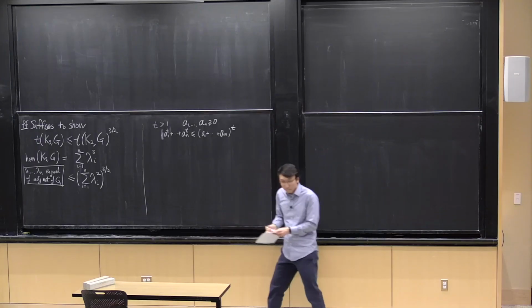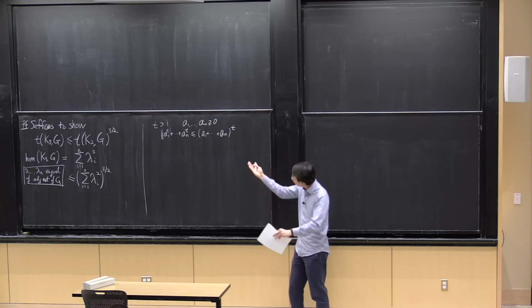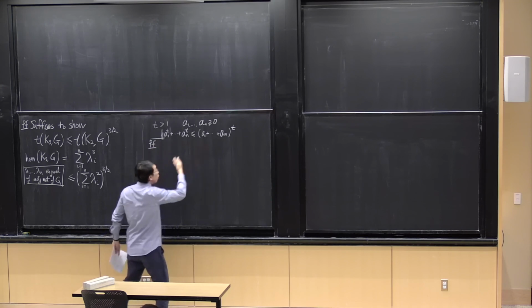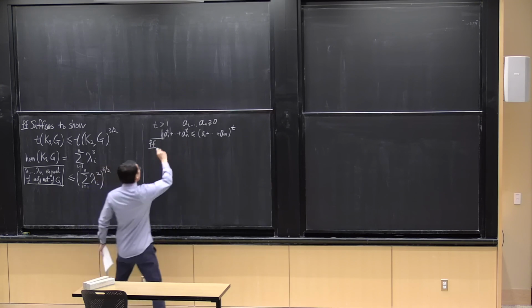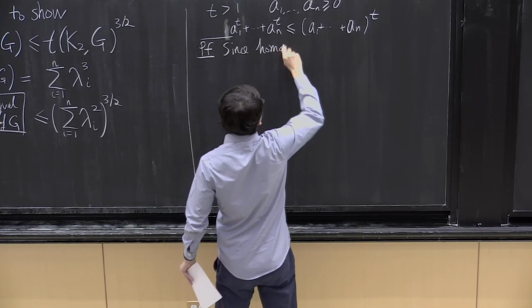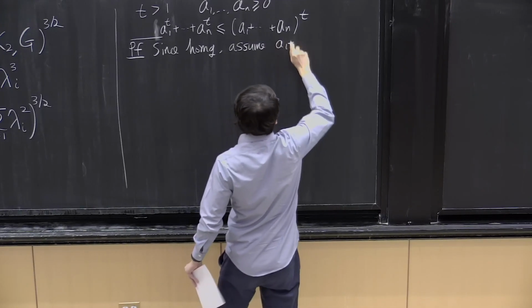Okay? Now, there are several ways to see why this is true. You can do induction, but let me show you one way, which is quite neat. Because it's homogeneous in the variables, I can assume that the sum is 1.